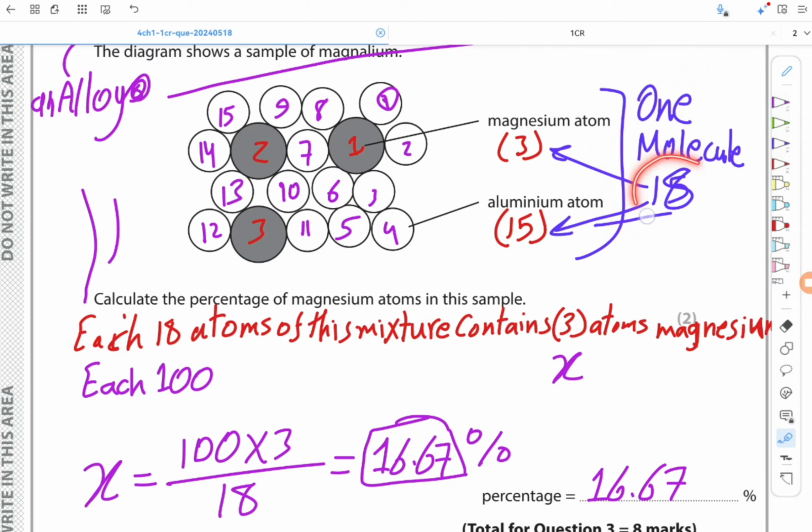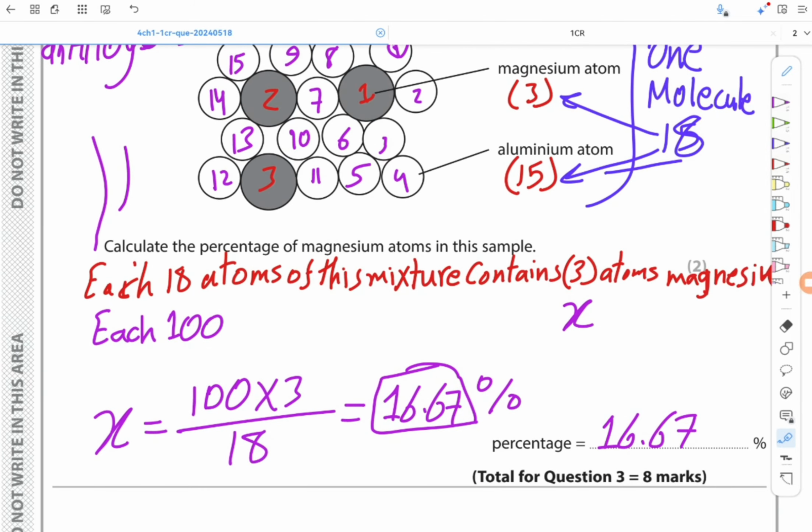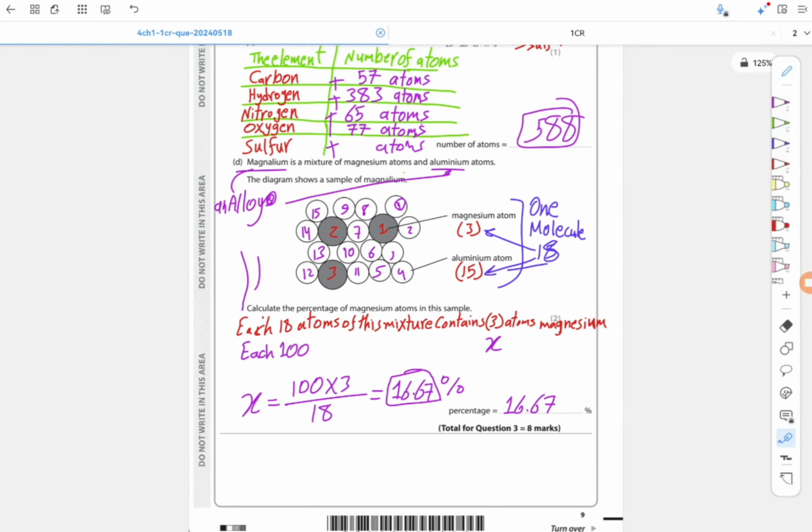So if we have 100 atoms, the percentage is X. So we have cross multiplication, 100 multiplied by 3 over 18, and the percentage is 16.67.